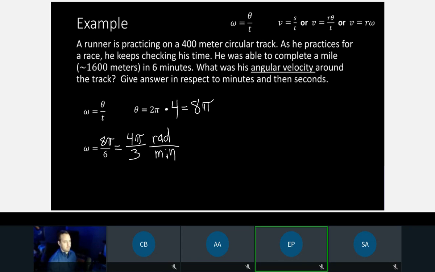Yeah, thank you. All right, so 4 pi radians per minute. So we gave that answer, right? Now, I think in chemistry you learned about I think it's called stoichiometry. Does that sound right? Yeah, stoichiometry. So we have to convert radians per minute to radians per second.